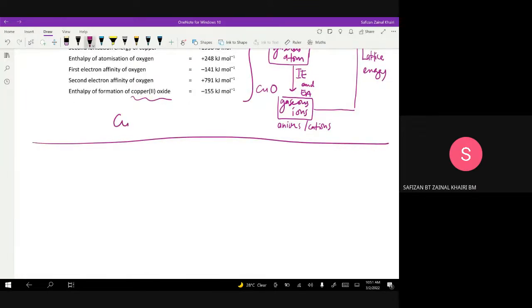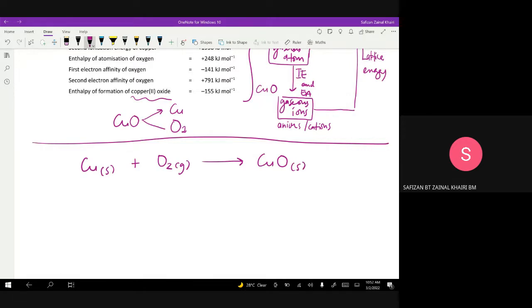So copper 2 oxide, it has copper, and it has oxygen. Oxygen of course must be in the atom molecule, oxygen gas. Okay, so you write copper solid, oxygen must be in the gaseous phase, form copper oxide solid here.